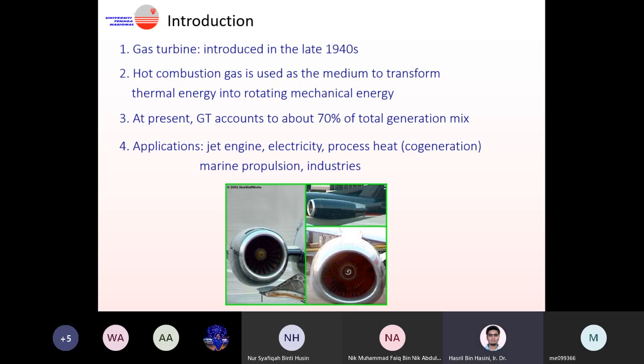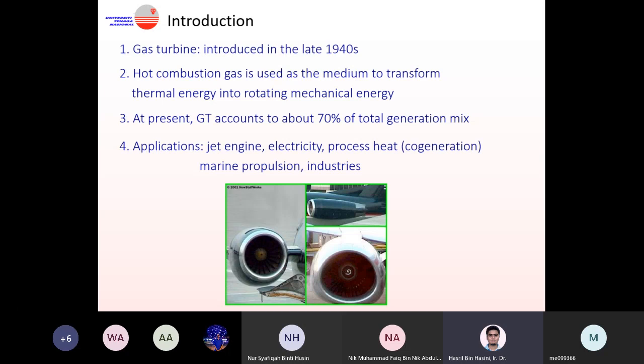The main principle is fairly straightforward. You have hot combustion gas used as a medium. If you can still recall, in a steam turbine power plant, they use water as the medium to transfer the energy. For the gas turbine, now we have air or hot gas used to transfer the energy from one point to the other.